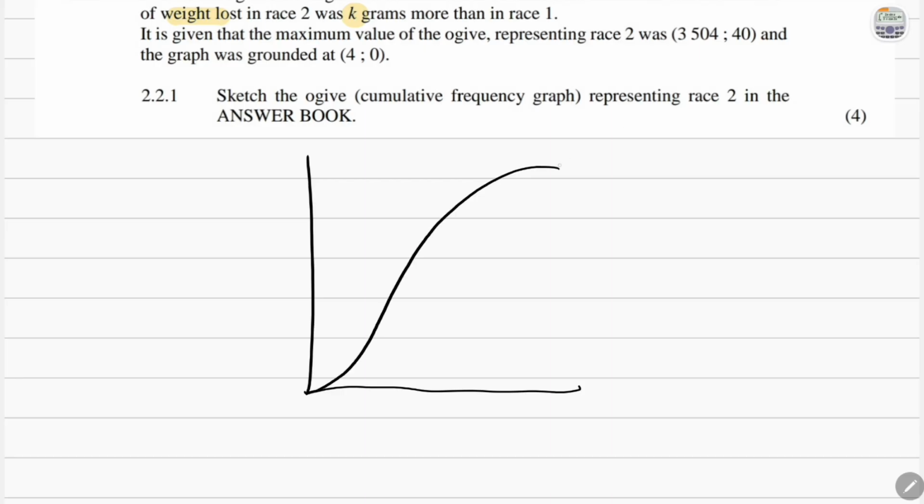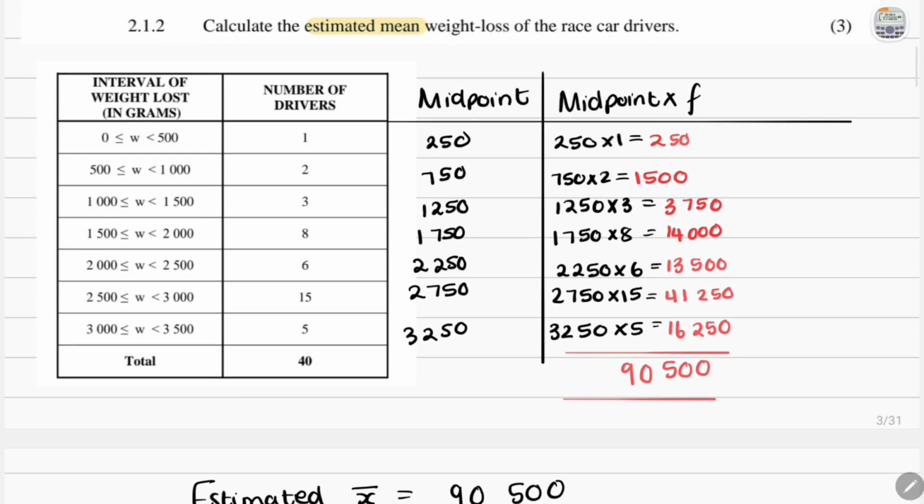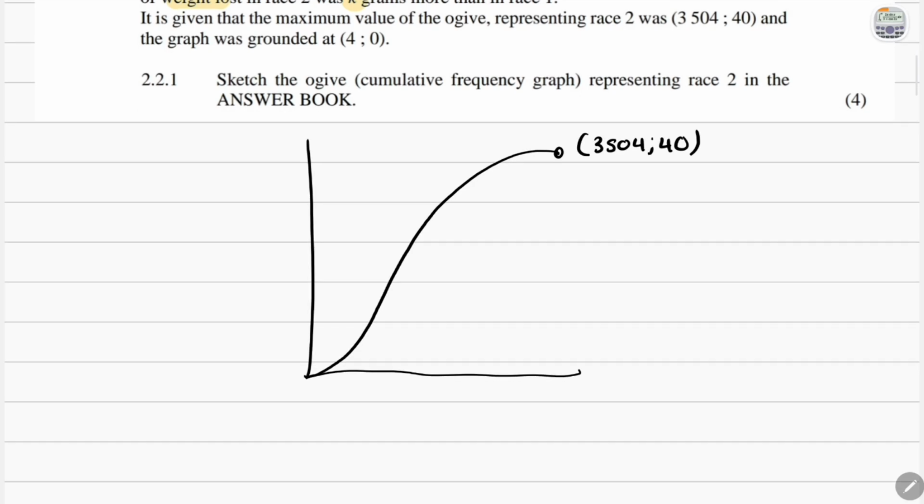And if the maximum is at (3,504; 40), okay, this is still 40, meaning there's still a total of 40 people, okay? But now it's ending at 3,504. So do you see from this that the last weight that we had, okay, was 3,500. If this is 3,504, it means that 4 grams was added extra.